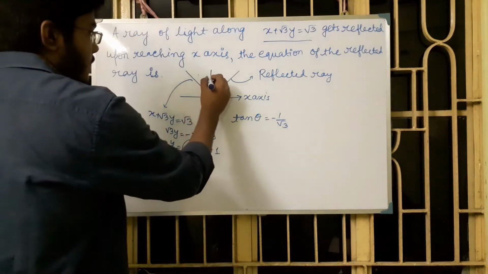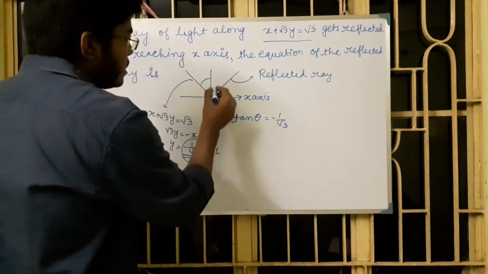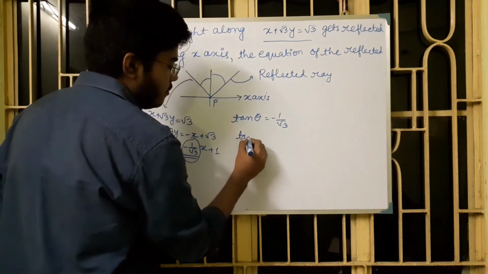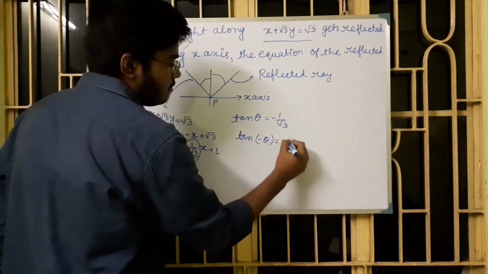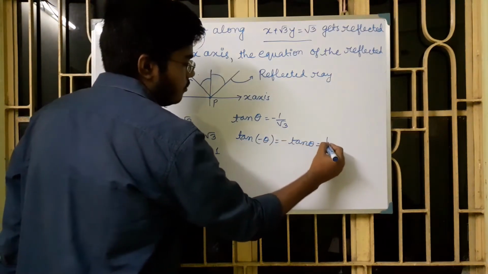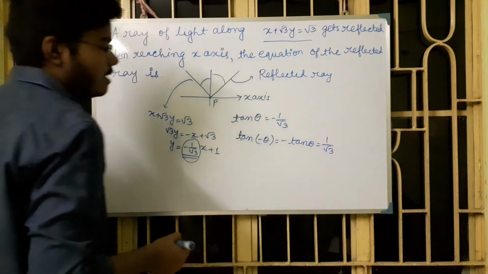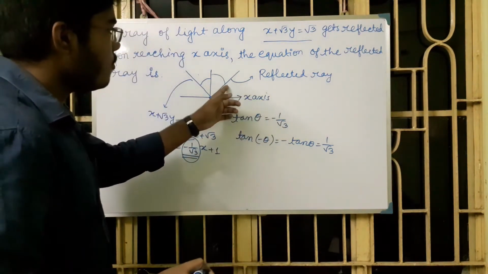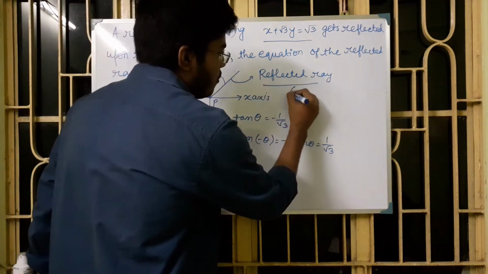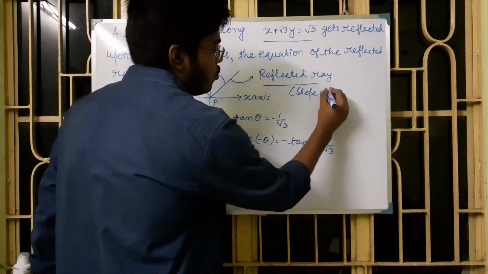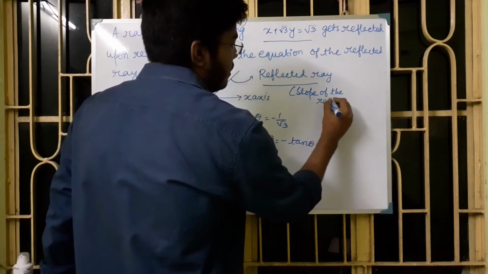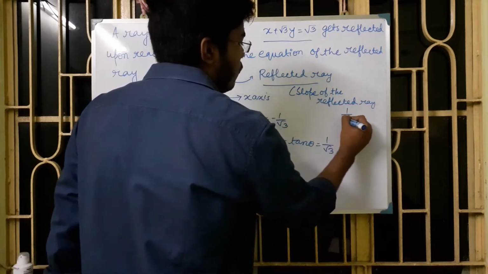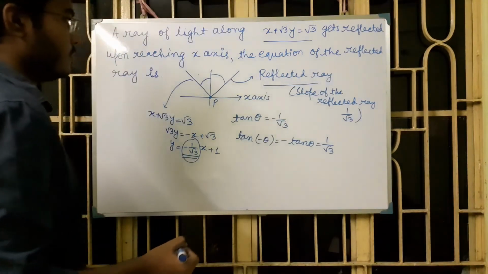This is also theta, but this is negative theta. So tan of minus theta equals minus tan theta equals 1 upon root 3, minus into minus plus 1 upon root 3. So the slope of the reflected ray will be 1 upon root 3.